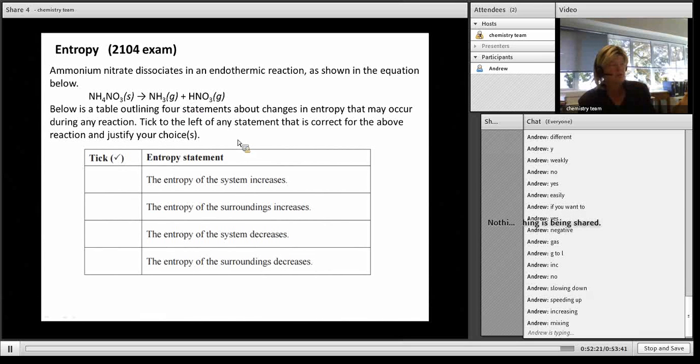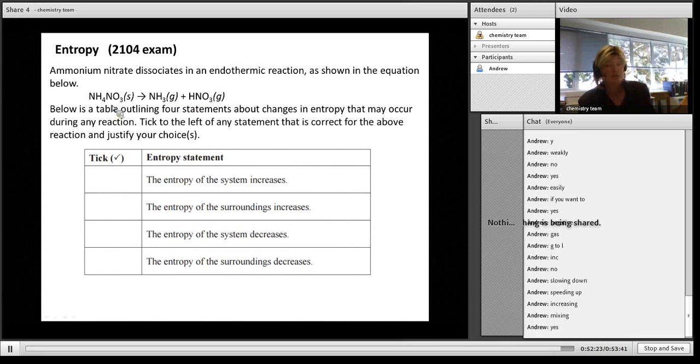This will cool down, but I'm forming a gas. So is my entropy increasing based on this reaction? Yes. Sorry, I was thinking of another case later on where I've made it dissolve. Yep, so I'm going to get an increase of the entropy, but what will happen to my surroundings?